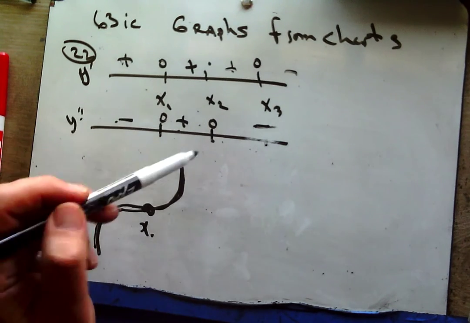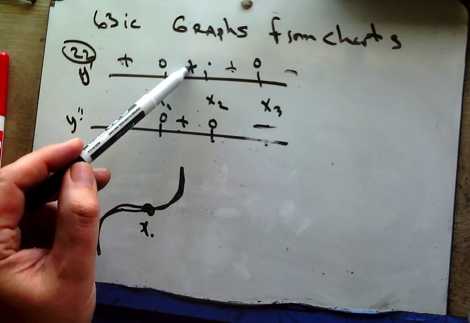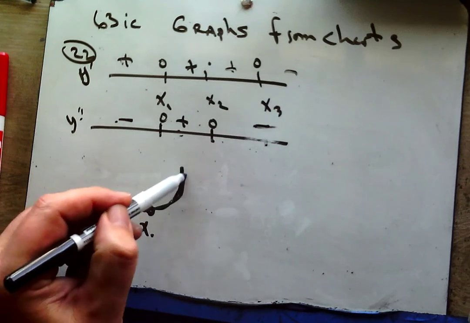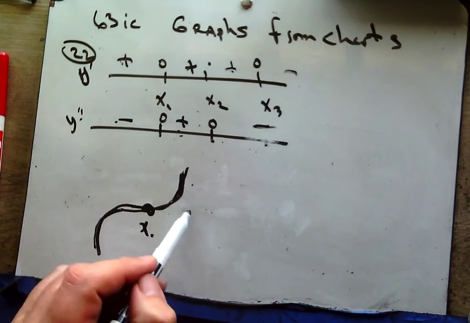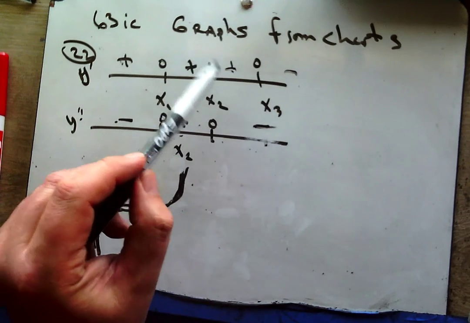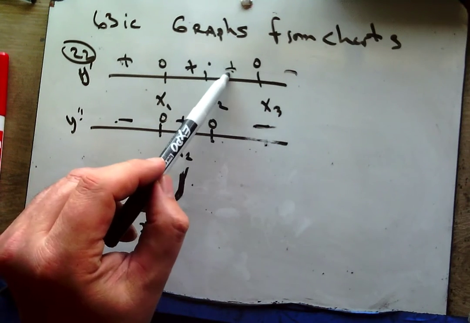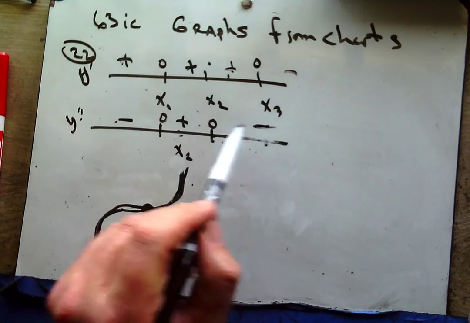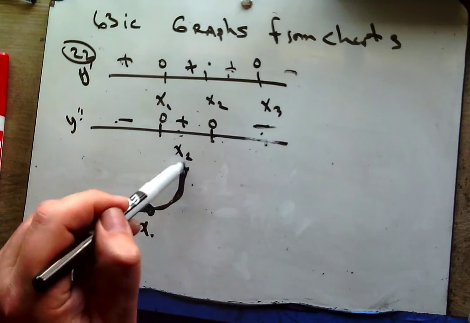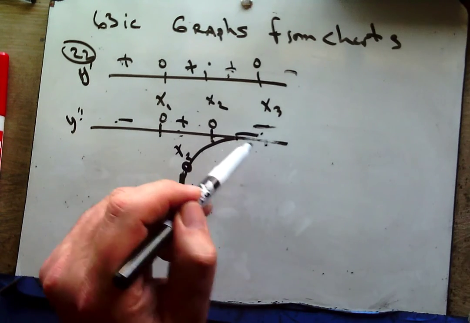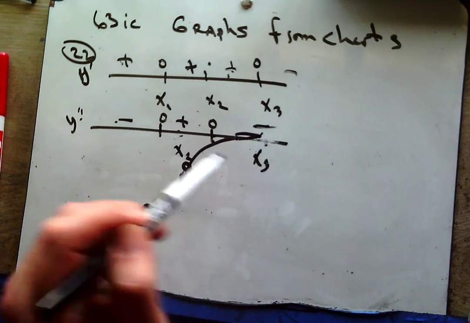So what happens next? Well, f is increasing and concave up until I get to x sub 2. X sub 2 is here. After which point I see that y prime is positive, so I'm still increasing, but now I'm going to be concave down. So there was an inflection point, and increasing and concave down until I get to x sub 3.